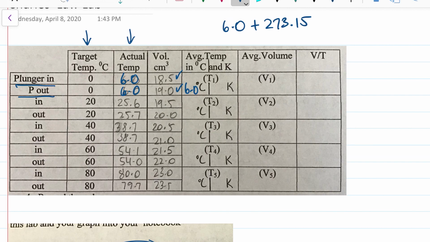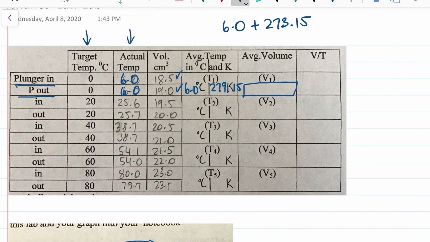So let's put 279 in there, and then add the 0.15, even though we're not obeying sig figs. So that's 279.15 Kelvin.